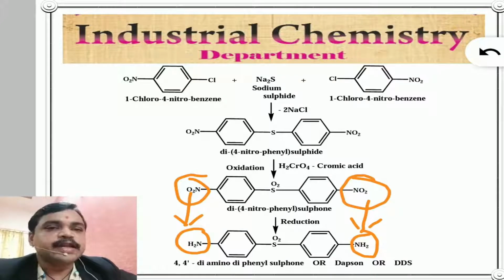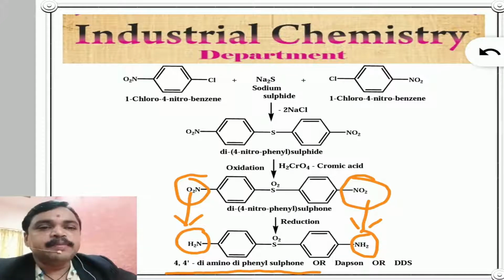It is known as dapsone, or we derive it as DDS from its chemical name 4,4-diamino diphenyl sulfone. D from diamino, second D from diphenyl, and S from sulfone. So it is also known as DDS.